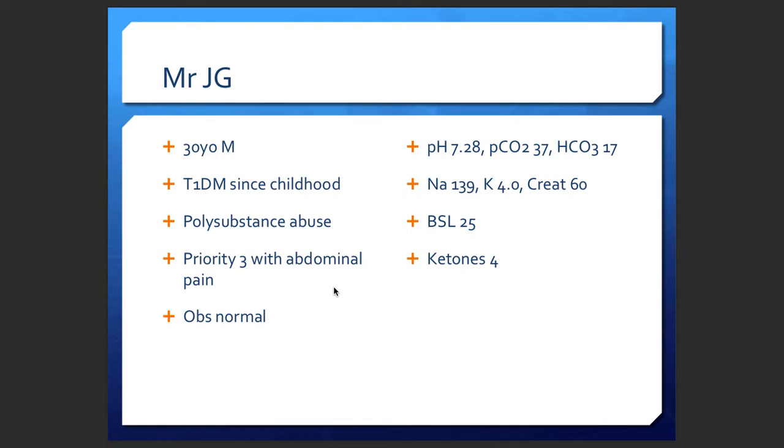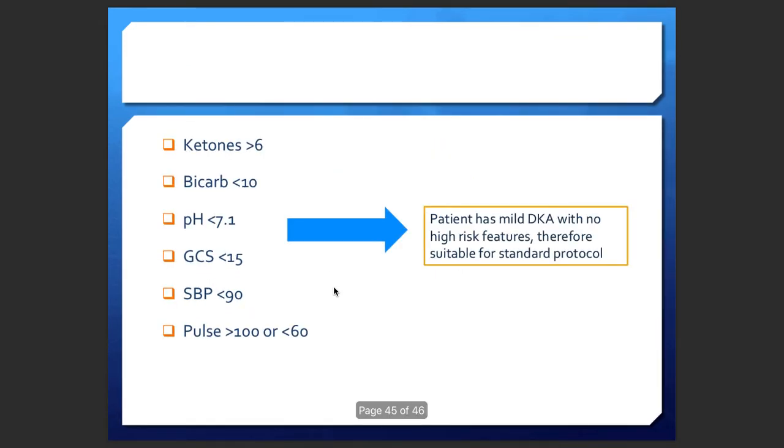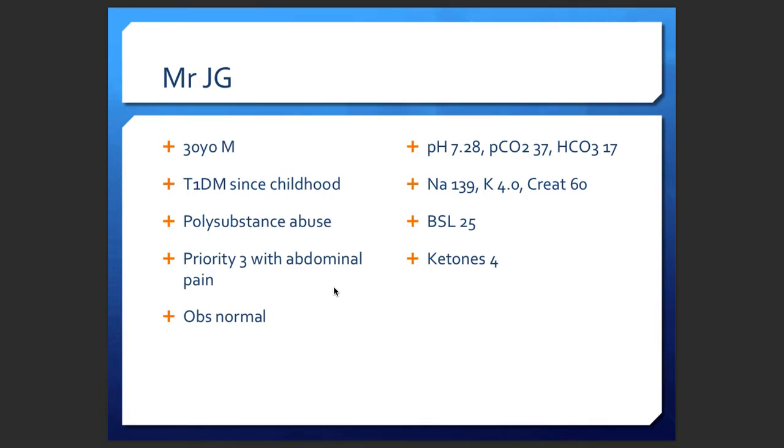On the electrolyte side, you notice the sodium level is okay, not bad, 139. Similarly, potassium is 4, creatinine is 16, in fact, and the ketones are 4. So, what do you think about this? Please use the chat box.